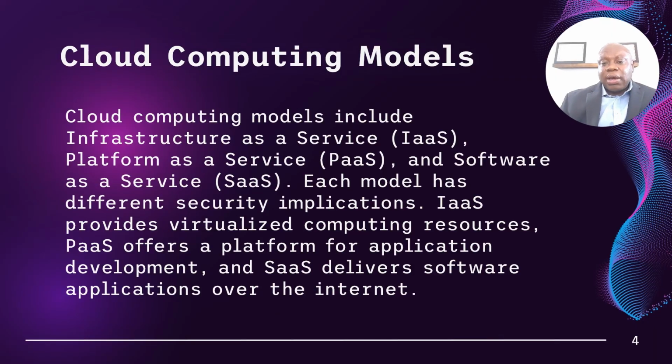There's various cloud models you could purchase. You could get what we call infrastructure as a service. You could get platform as a service as well as a software as a service. Now, each offering has a variation of security concerns you need to kind of be aware of.